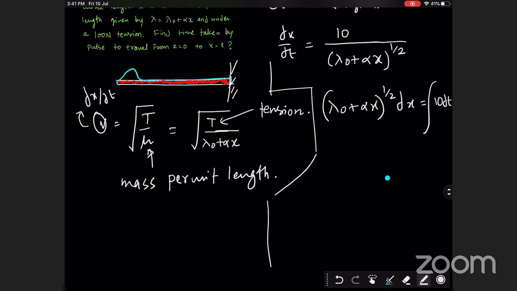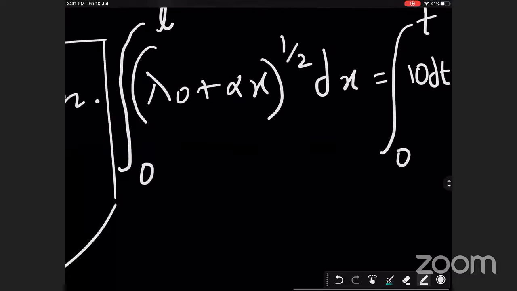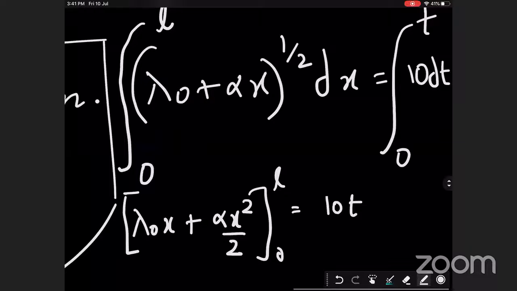Let's integrate both sides, 0 to L and 0 to T. So on this side you will get 10t, right? And here you will get lambda naught x plus alpha x square by 2, 0 to L is equal to 10t.